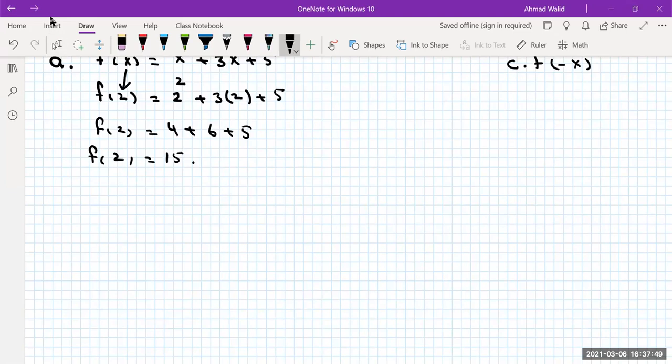Part B of this problem. Again, I will rewrite my problem here. F of x equals x squared plus 3x plus 5. I want to find now f of what? X plus 3.